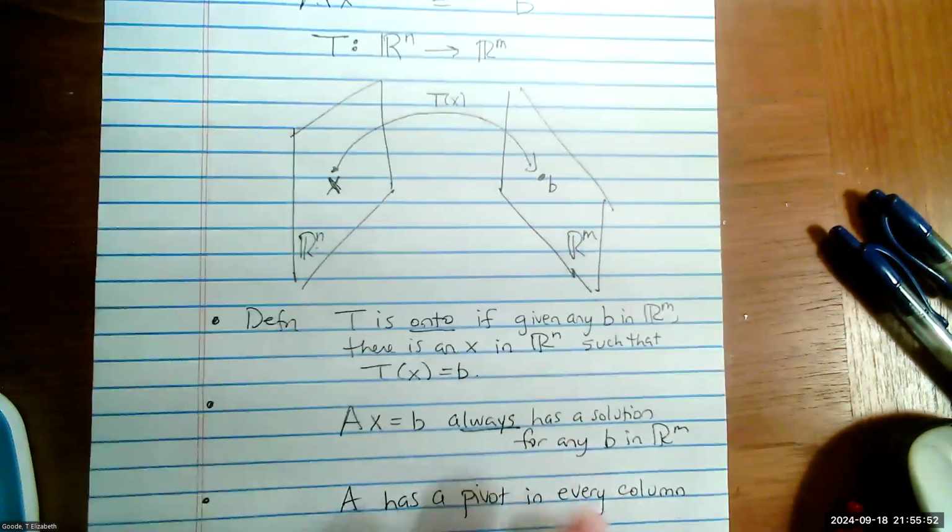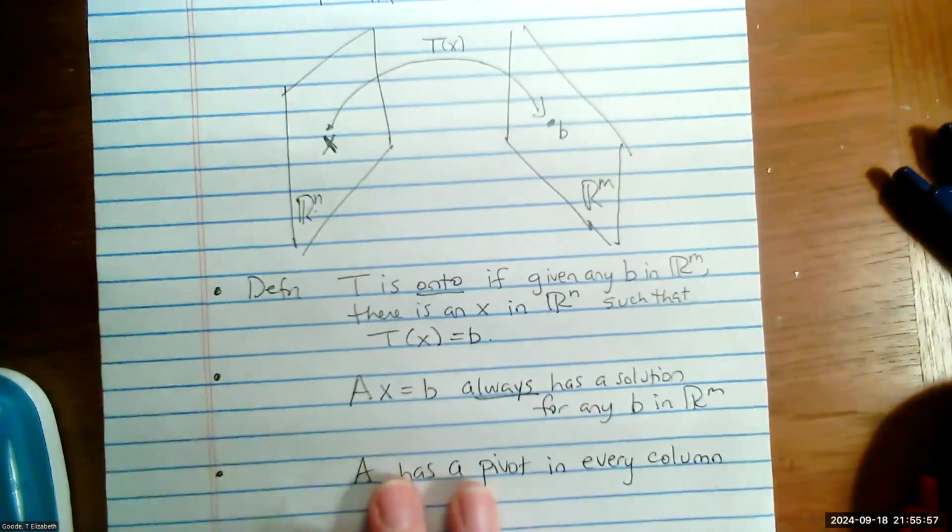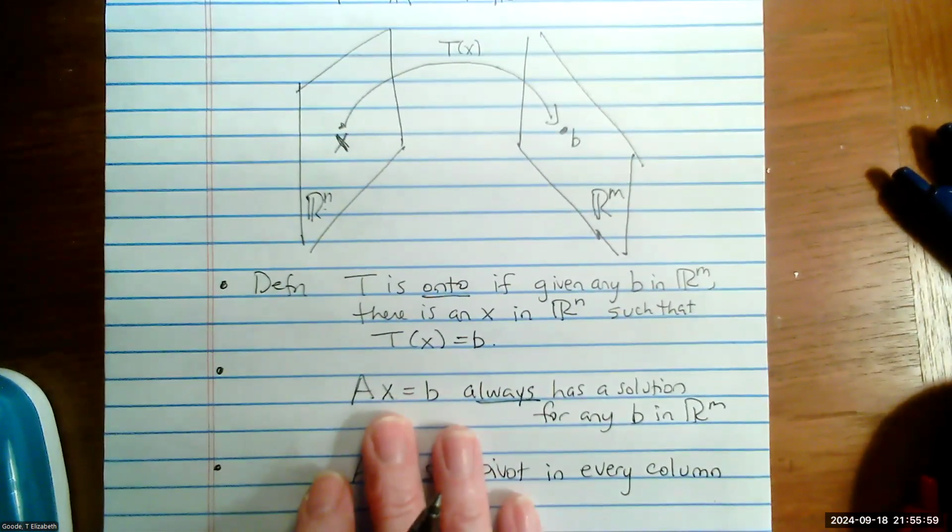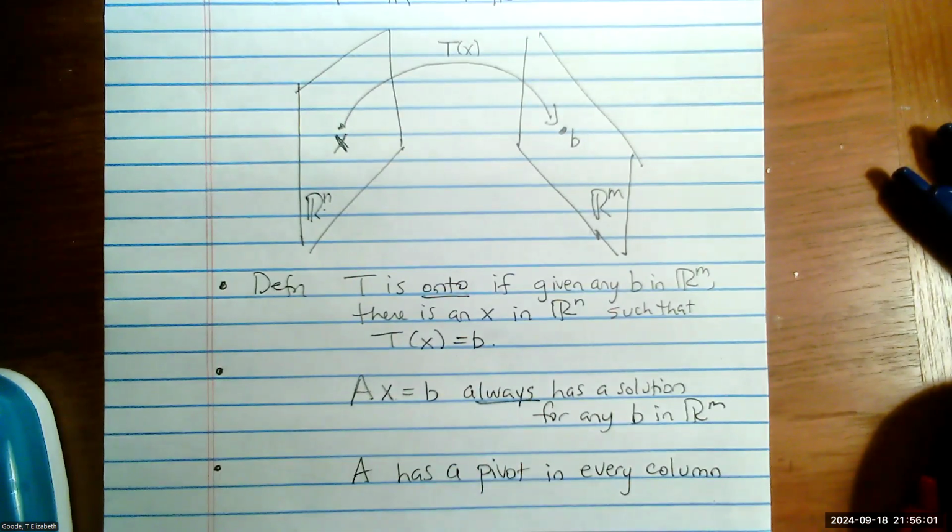And then one-to-one is another function property, and it's related to AX equals B having a unique solution if it exists. And uniqueness of the solution comes down to not having any free variables.